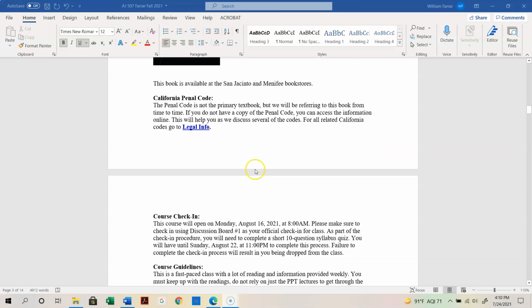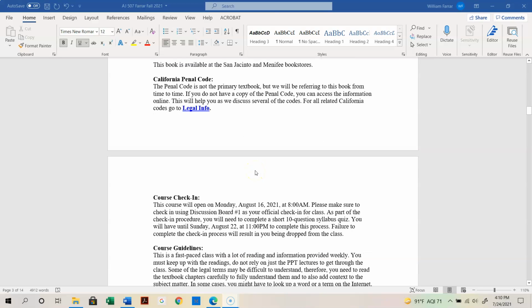So enough of that. Next would be the California Penal Code. I put this in there. It's not a primary textbook. You don't have to have it, but we are going to be referring to this book from time to time. So if you don't have a copy of the Penal Code, that's fine. If you don't know what the Penal Code is, this is where all the laws are. And all the laws are like codes, like 459 PC, Penal Code, which is burglary.